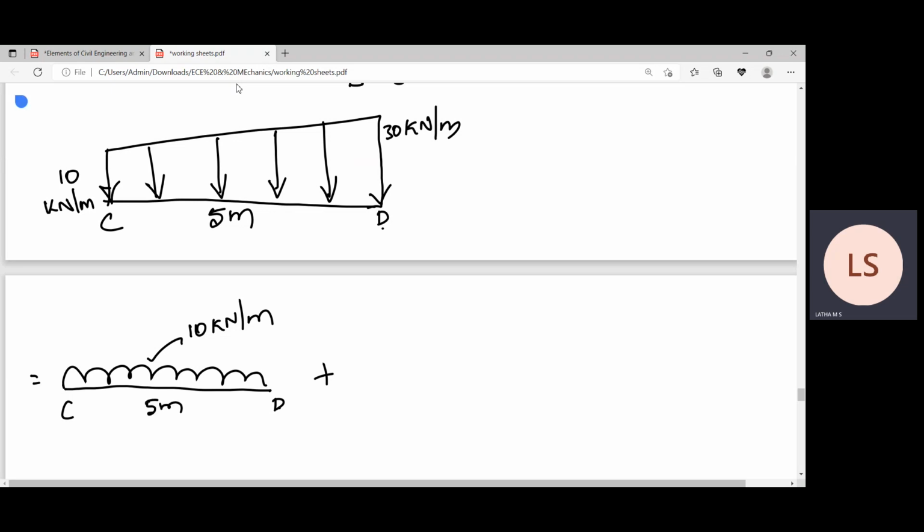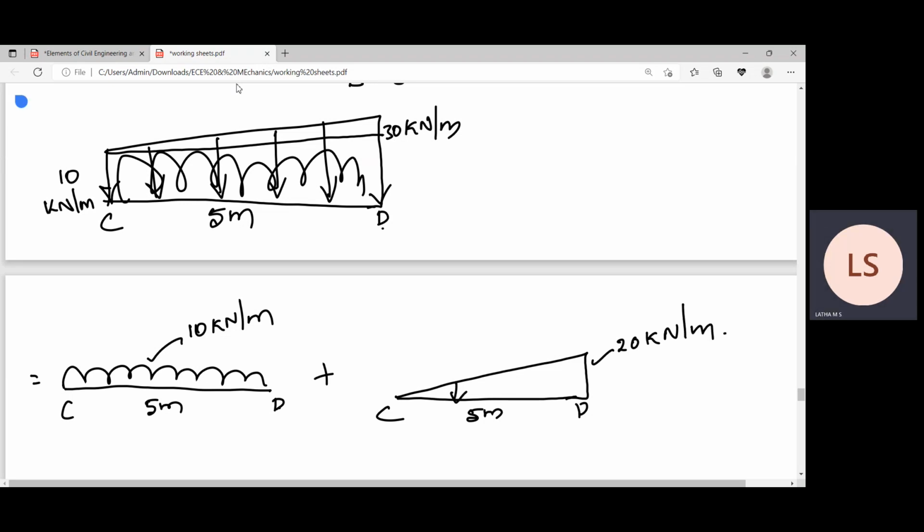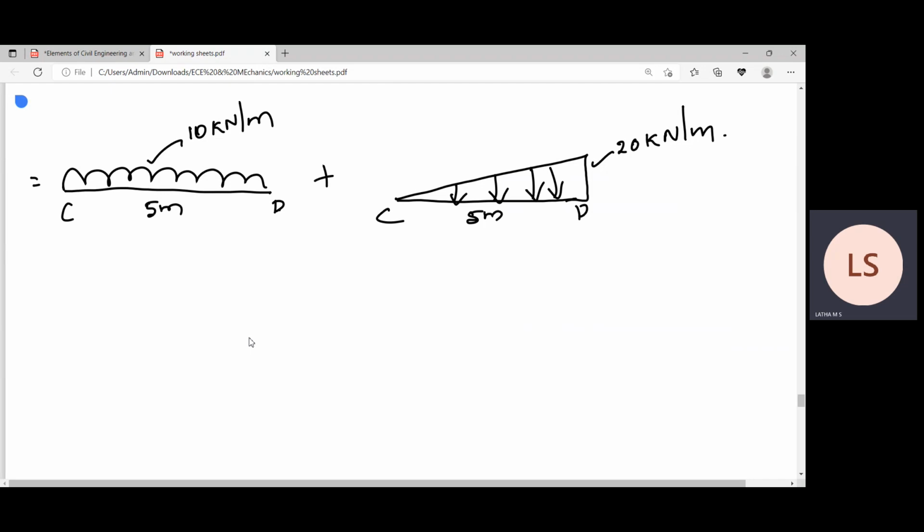For a better understanding, I am giving this indication, again 5 meters, C and D. You find this triangular part, and this is the UDL. The triangle has 20 kilonewton per meter. Therefore I divided this trapezoidal load into one UDL and one triangle.